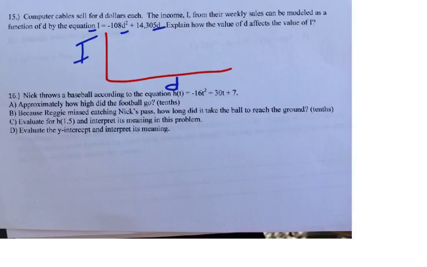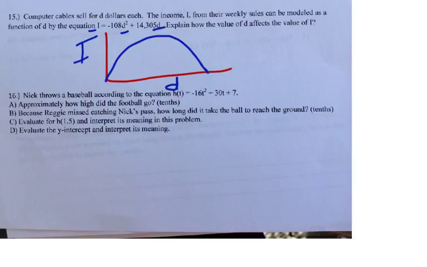Now if I know that, and I know I have a negative lead coefficient there, negative 108, that tells me it's going to look something like this. It's a quadratic, and it's going up and then down. It has a maximum.